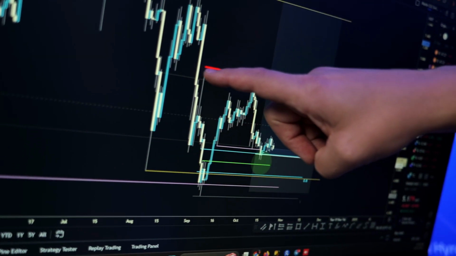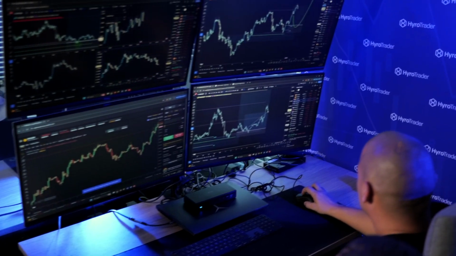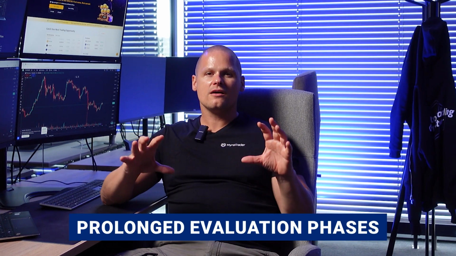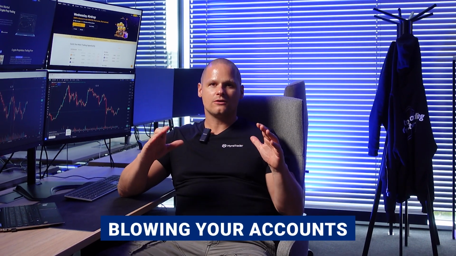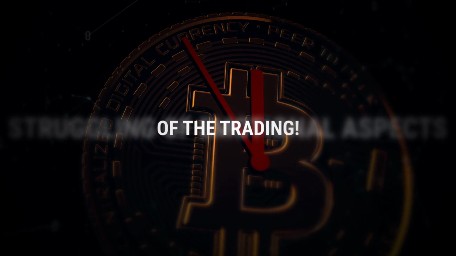Finding the balance between risking too little and risking too much is key. Both extremes have their downsides. Risking too little can lead to prolonged evaluation phases, which we don't want, and risking too much can lead to blowing your accounts and struggling with the emotional aspects of trading.